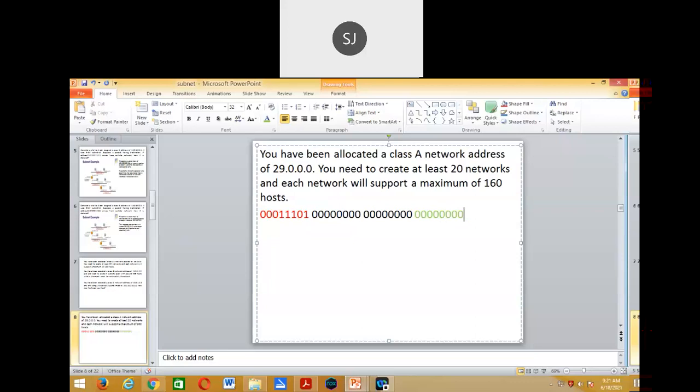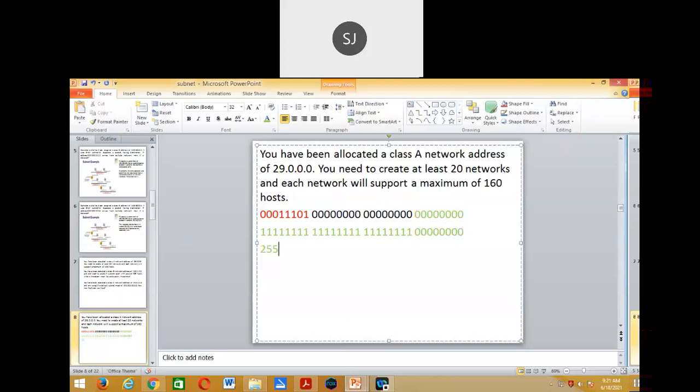See here, all these bits are 1, 1, 1, 1. Then these bits are 0, 0, 0, 0, because these are reserved for host ID. Is it not? Now what is the answer?